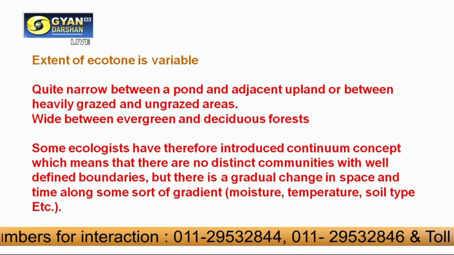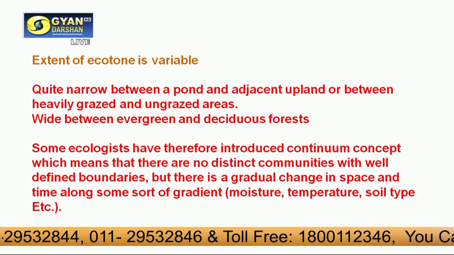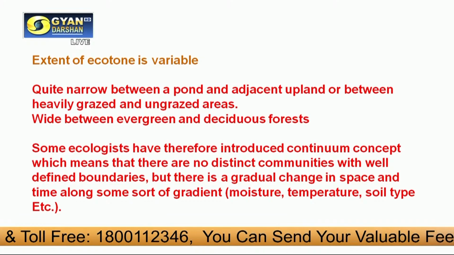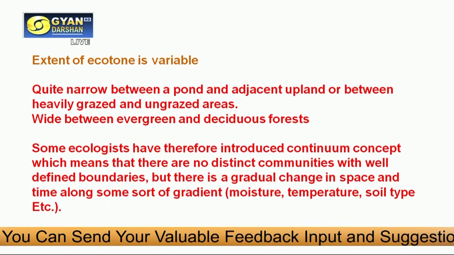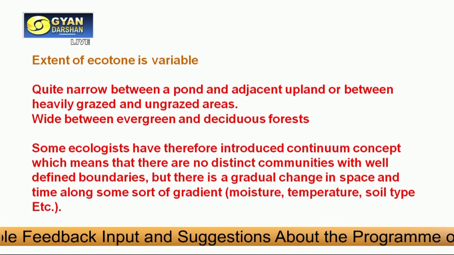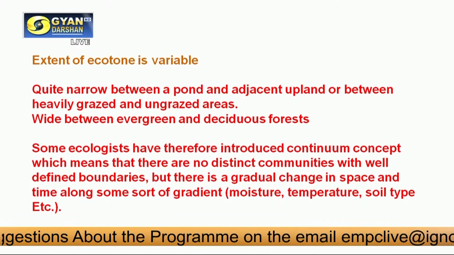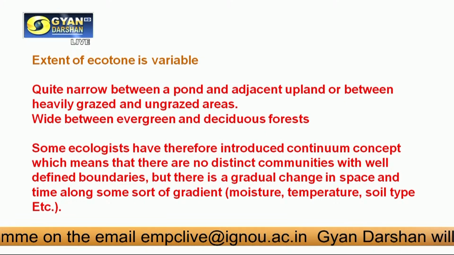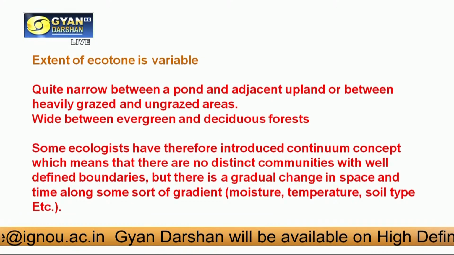Now, extent of ecotone is variable. If somebody asks you whether the ecotone is narrow or whether it is broad, whether it is wide or whether it is narrow, it can be both actually. So when you are talking about ecotone between a pond and an adjacent upland, or heavily grazed and ungrazed areas, the ecotone is narrow.